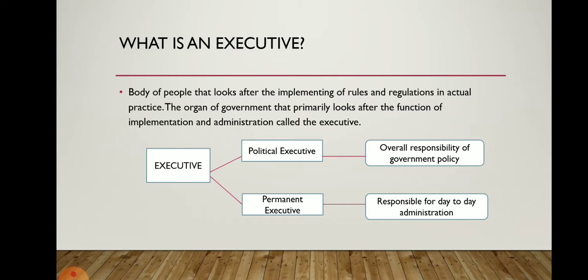Because the political executives are appointed by the people. India is a democratic country, so the people's representatives are more powerful. The permanent executives are our civil servants. So this is the difference. I hope this is clear, what is executive and what are the two types of executives in India.